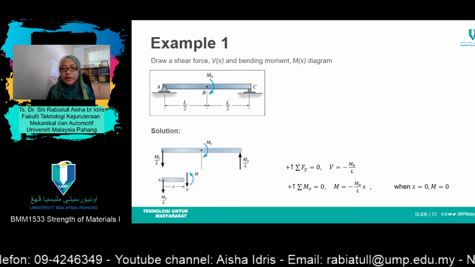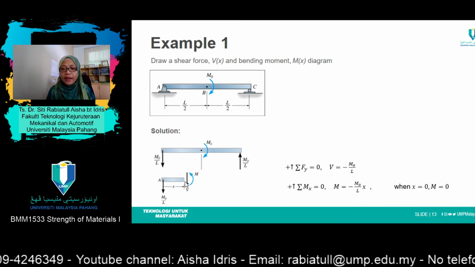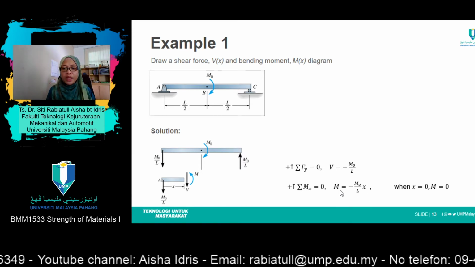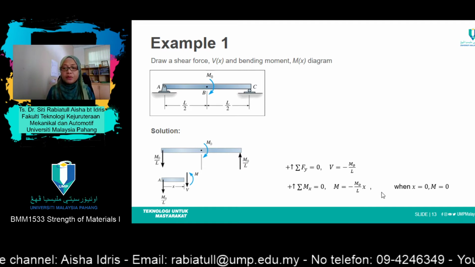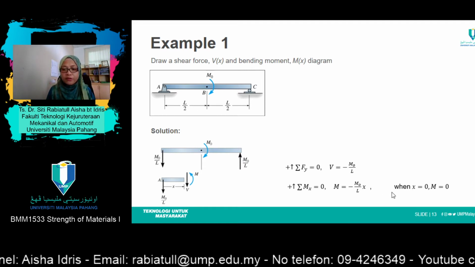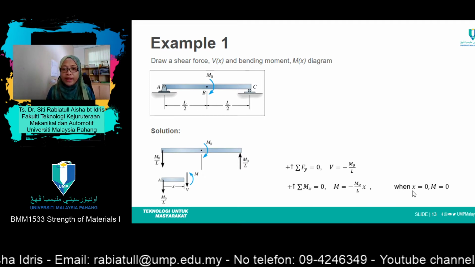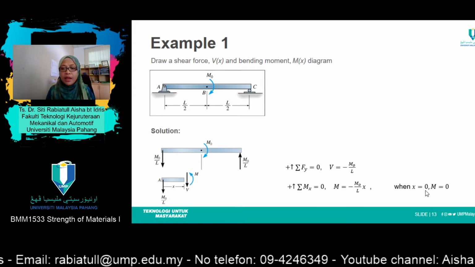And for moment, taking moment at point X equals 0, you'll get moment equals negative M naught over L times x. So the point coordinates for moment: when x equals 0, M is 0.